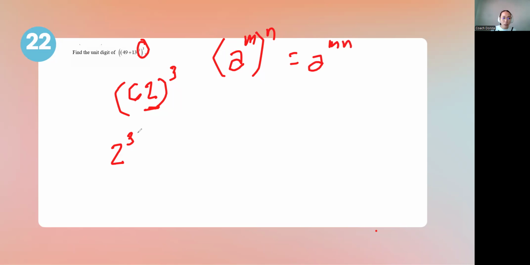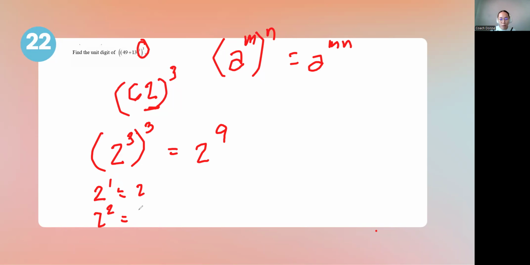All right, so 3 times 3 is 9, so it's 2 raised to 9. So remember, our pattern for 2: 2 raised to 1 is 2. 2 raised to 2 is 4. 2 raised to 3 is 4 times 2, 8. 2 raised to 4, 2 times 8 is 16, that ends with a 6.